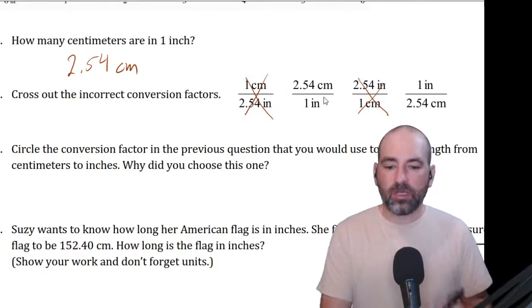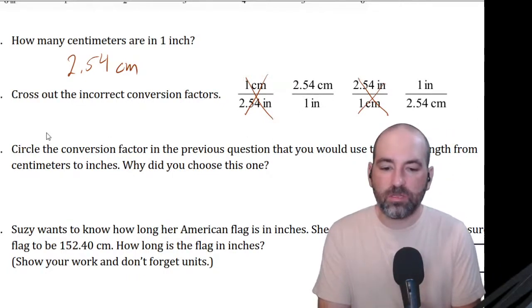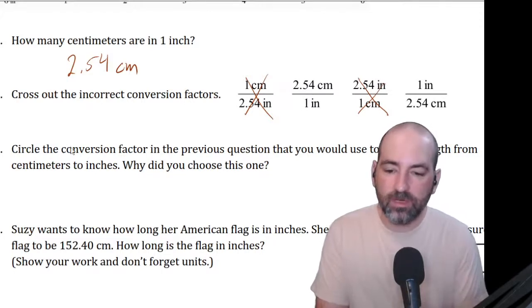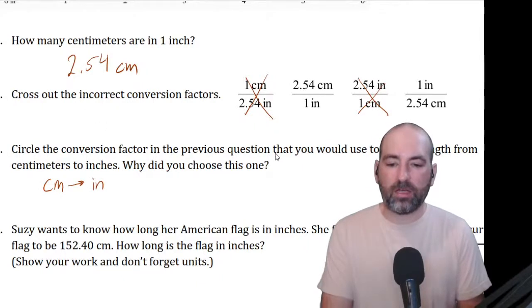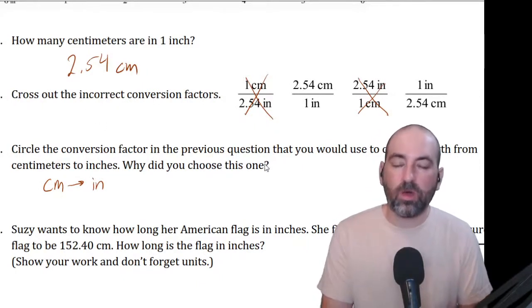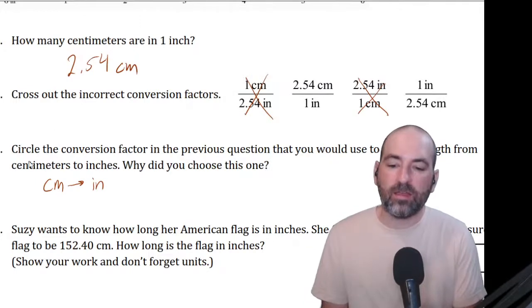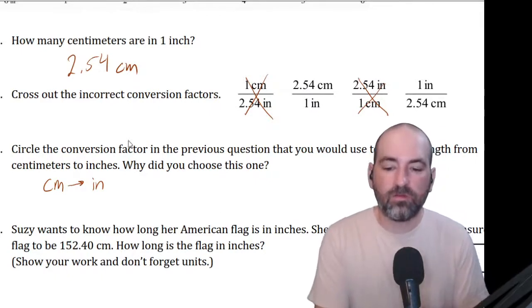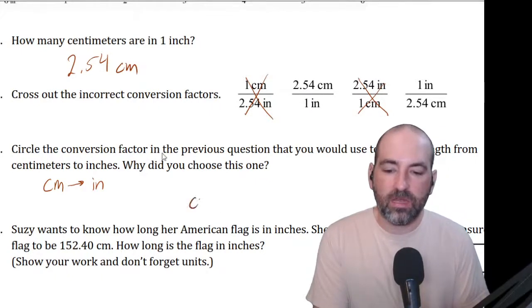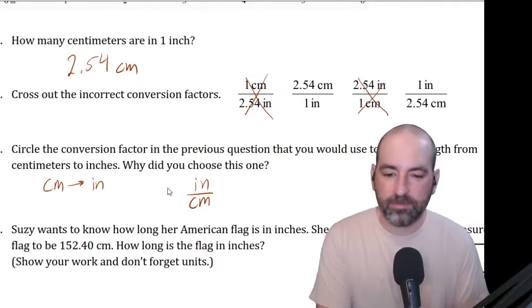So if we wanted to change length from centimeters to inches, so we have centimeters and we want inches, which conversion factor would we use? Well, we'd want to use one that helped us to cancel or get rid of centimeters and instead have inches. So that means we want a conversion factor that has centimeters on the bottom and inches on top.